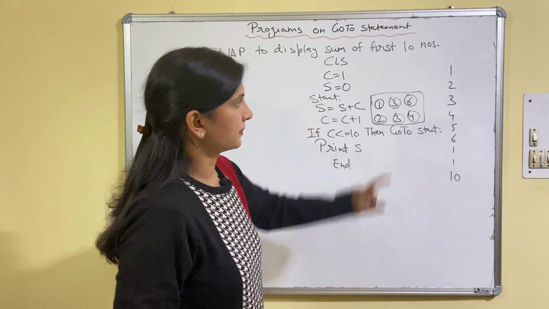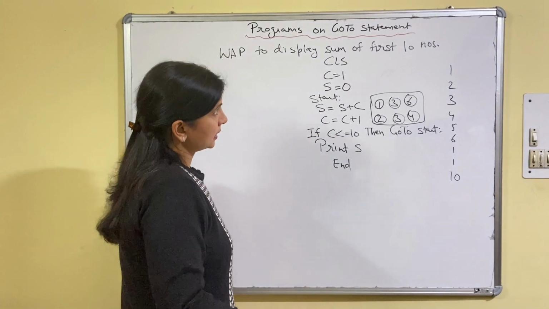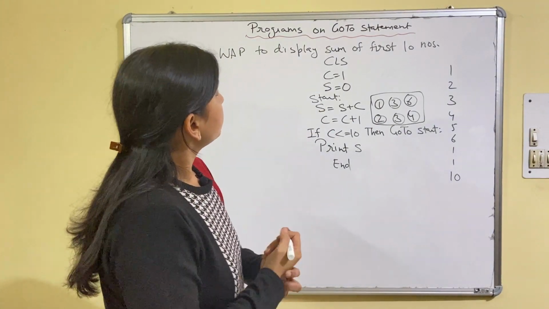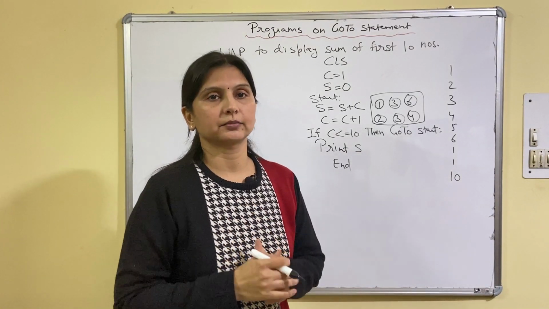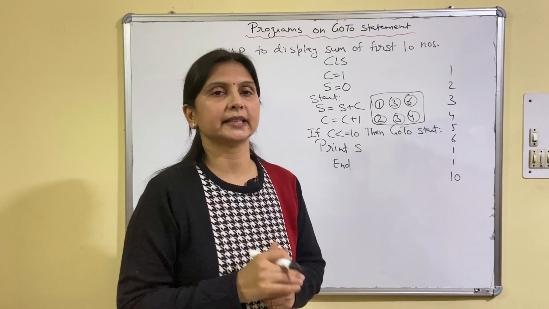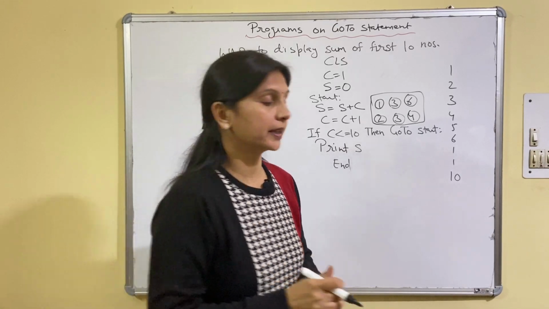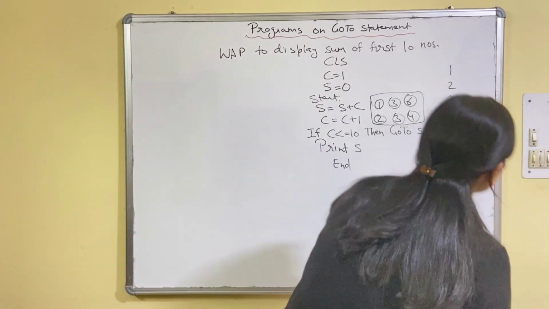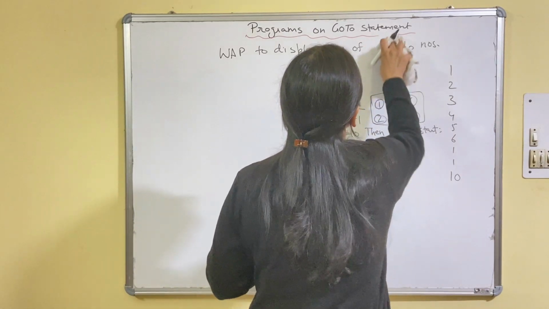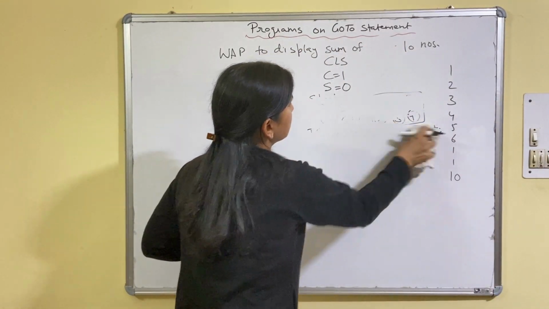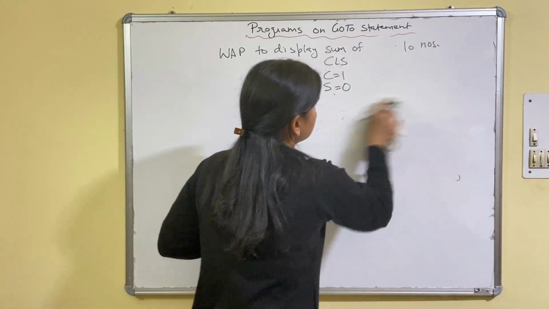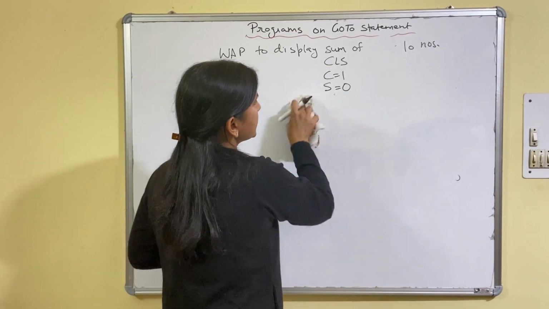Only this program. Fine. Now if I say display the sum of any 10 numbers, not the first 10 numbers, any 10 numbers, we need to make a few changes here. So in case of any 10, okay, I need to rub it. Now this is not the sum of 1 plus 2 plus 3 plus 4.